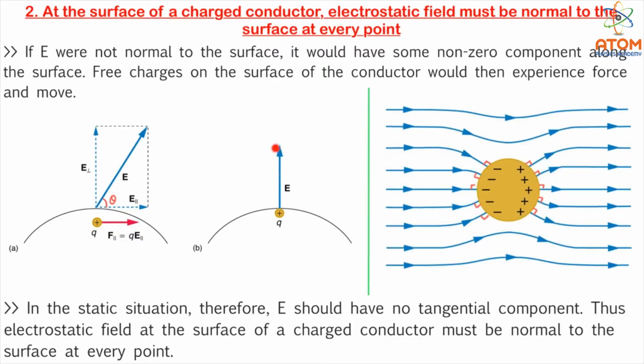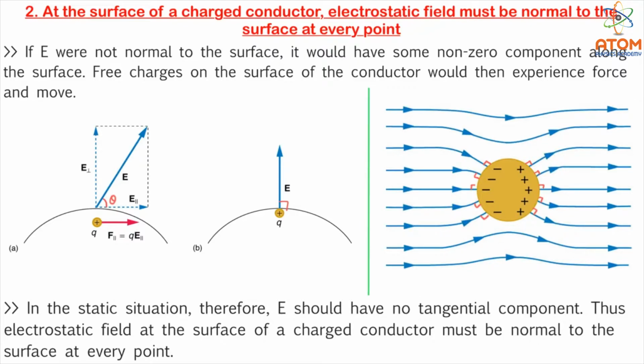It should be like this only. And if the electric field is like this, that means it is perpendicular to the surface. In this condition only, there will not be any parallel electric field, and so there will not be any force on this charge parallel to the surface, and so this charge can remain stationary, which is shown in this figure.